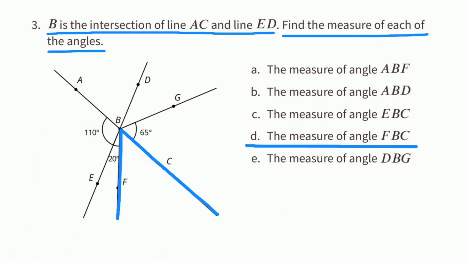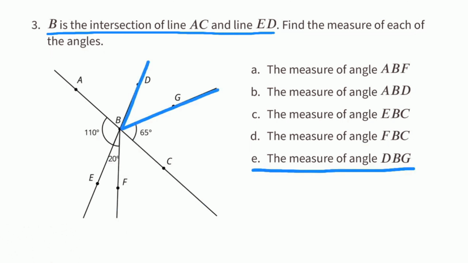D. The measure of angle FBC. Well, we just figured that out in the last one. 110 degrees plus 20 degrees plus 50 degrees equals 180 degrees. The measure of angle FBC is 50 degrees. E. The measure of angle DBG.